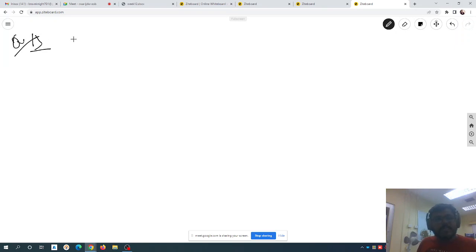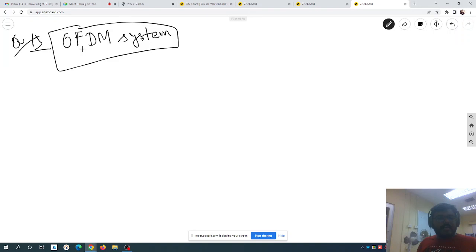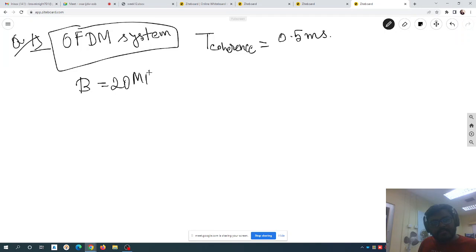This says I have an OFDM system. First thing, it has said that the coherence time is 0.5 millisecond and the bandwidth here is 20 megahertz, and the symbol duration is 0.1 microsecond.